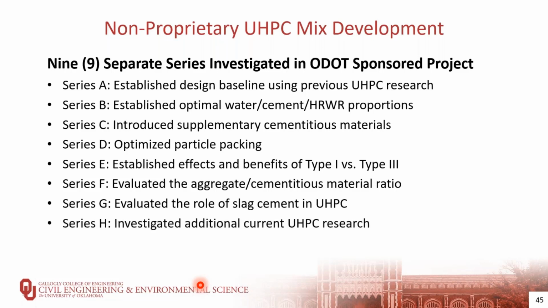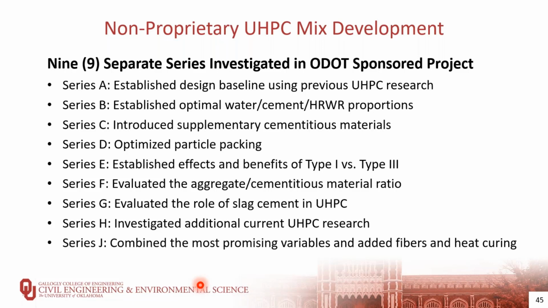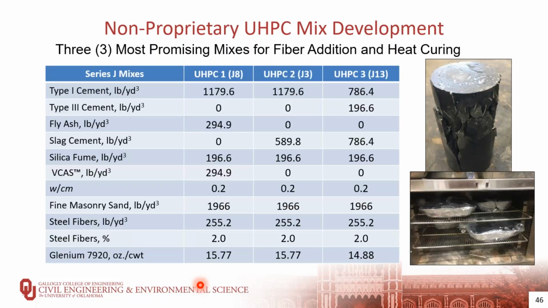And then by that point, some additional research had come out, so we examined some mix designs that had been recently developed. And then finally in Series J, which was our last series of development, we combined the most promising variables from the previous series, added fibers to those, and looked at heat curing and its effects on this non-proprietary mix.